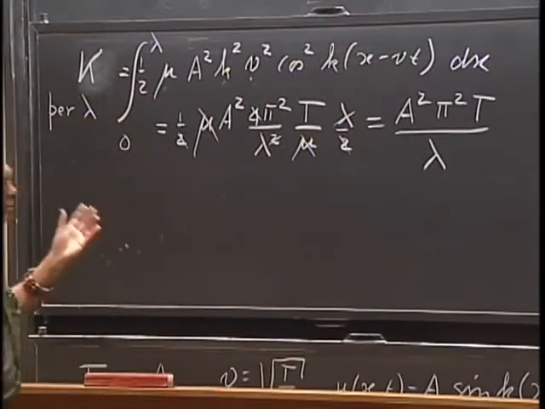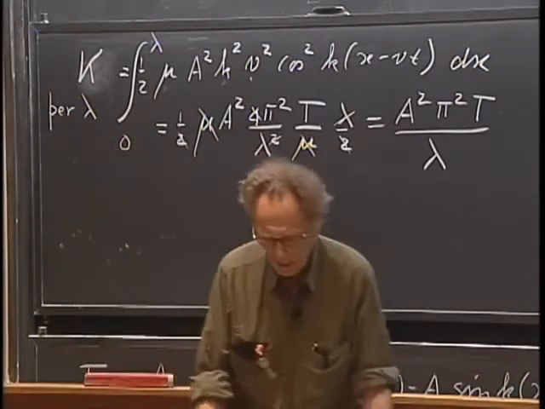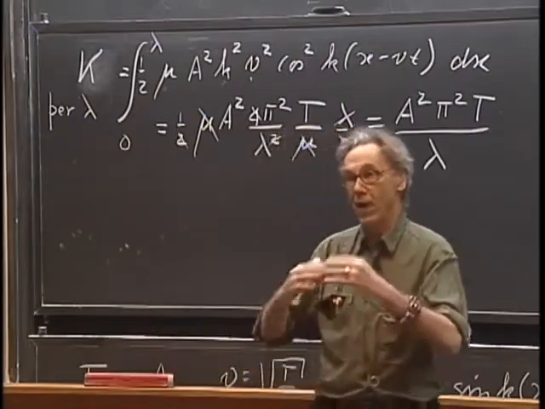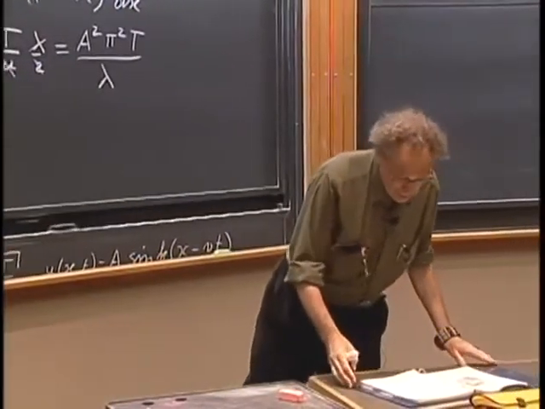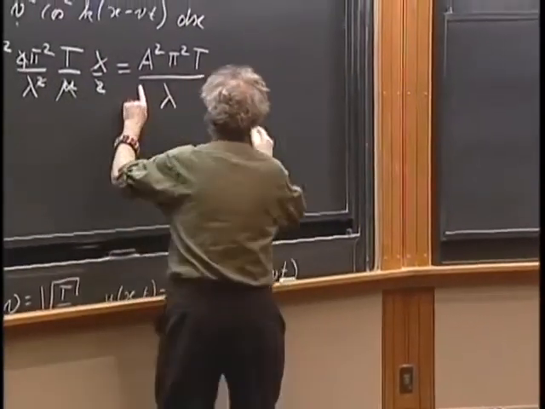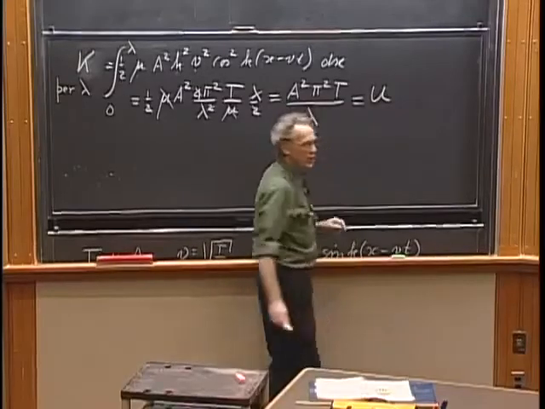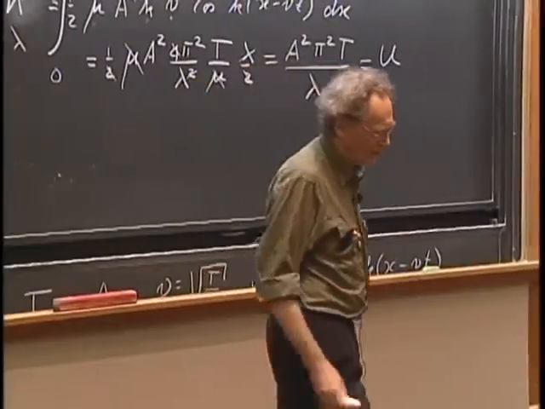So I will leave you with the potential energy. It's a similar derivation, but now you have to deal with work that you have to do. And what comes out is perhaps a bit of a surprise, that the kinetic energy is exactly the same as the potential energy. Not at all obvious, but that's the way it works out.